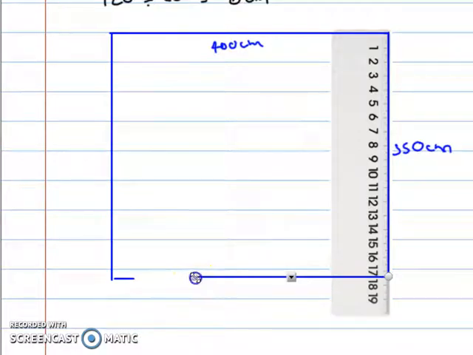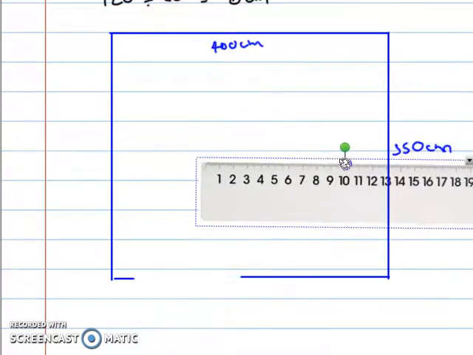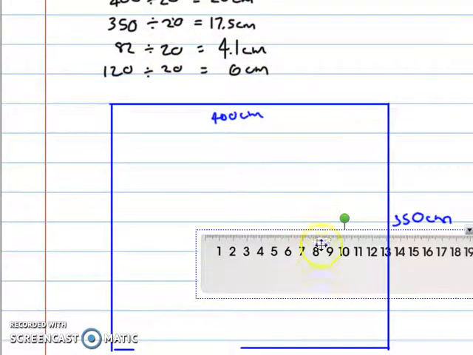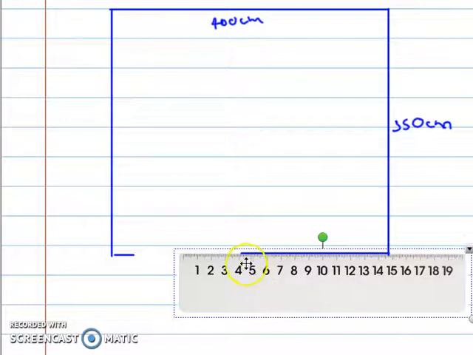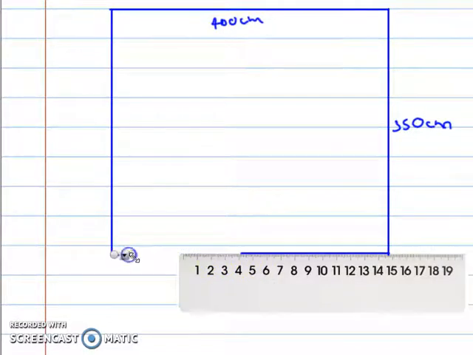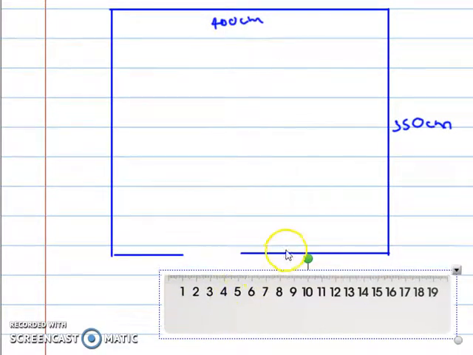In fact, we could even make the door right in the middle of the room if we really wanted to. So 4.1 centimeters up here. We're going to come down here and put it about there. That's at about 4.1, which means the door should go between these 2 points. So we've got a decent gap there for the door.